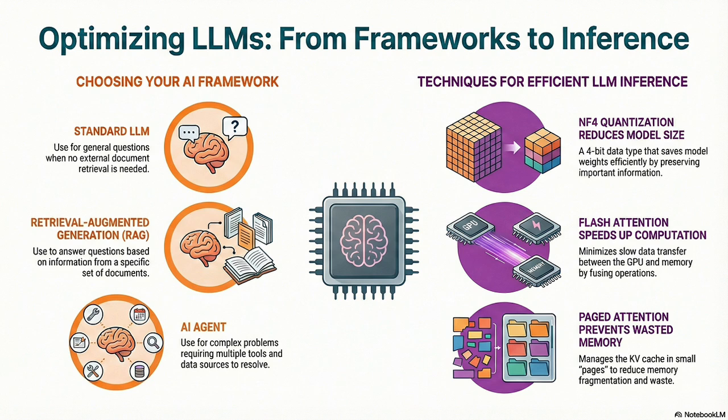We can finish everything inside the GPU, so we can reduce the need to send data back and forth between the GPU and the memory. So this is flash attention. It tries to minimize the need to pass data and minimize the effort in the compute.